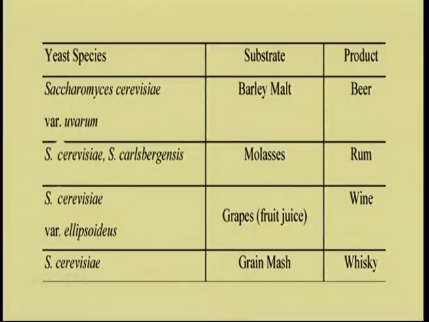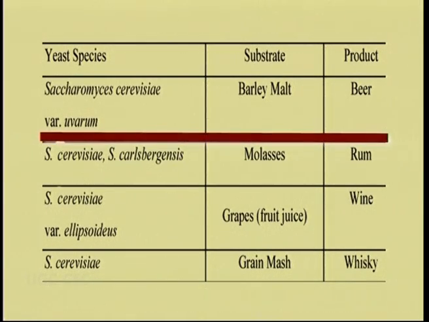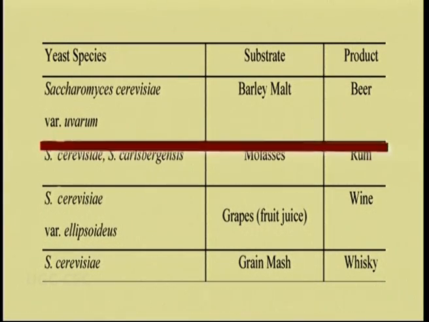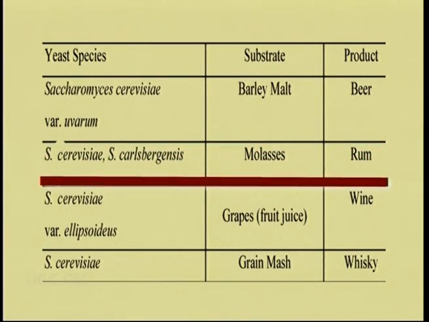Many species of Saccharomyces are used in the production of different alcoholic beverages: Saccharomyces cerevisiae variety uvarum, substrate barley malt, product beer, Saccharomyces cerevisiae, Saccharomyces carlsbergensis, substrate molasses, product rum.